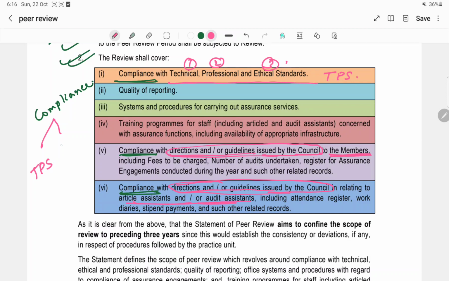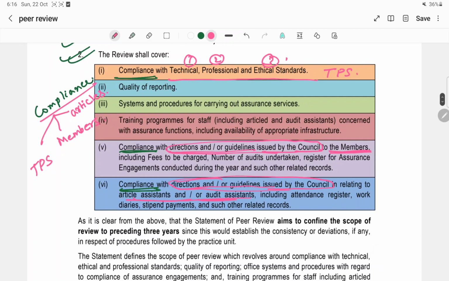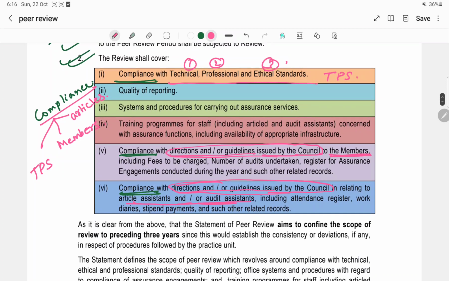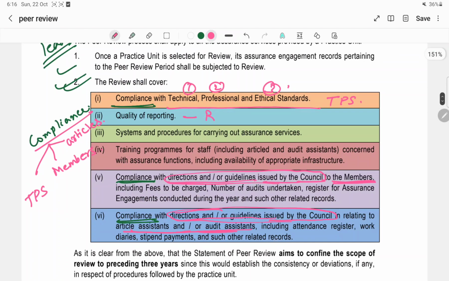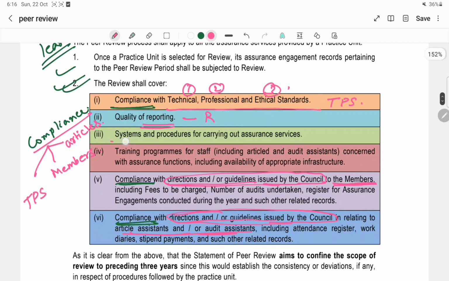So in one point, guidelines issued to the members, and in the next, guidelines issued to the articled assistants. Now you can easily remember the three points on compliance. Now the remaining three points you have to remember. This is quality of reporting; you can learn a memory trick, R for reporting. Then for systems and procedures you can use S.